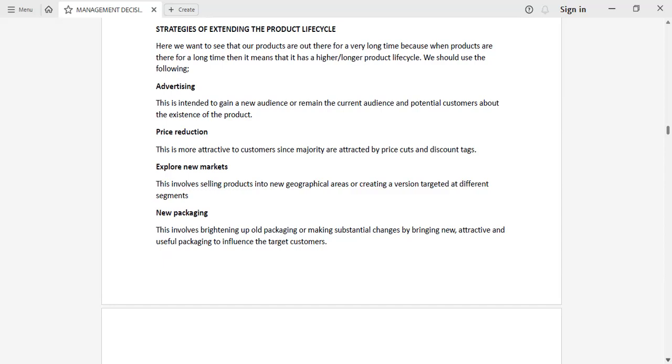For example, you may try to look at Coca-Cola, Pepsi-Cola, and these other new companies within the beverages, the soda making industry.